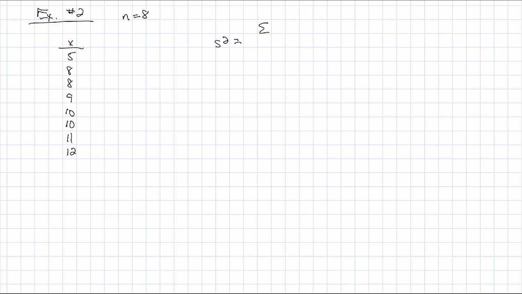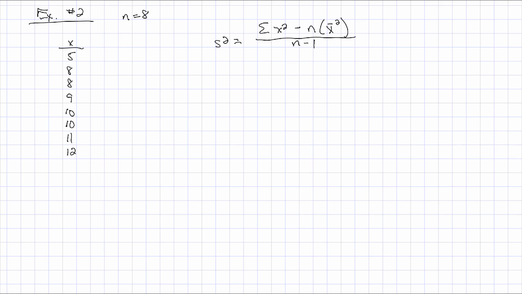So the alternate variance equation is the sum of our x value squared minus our sample size times our average squared divided by our sample size minus 1.